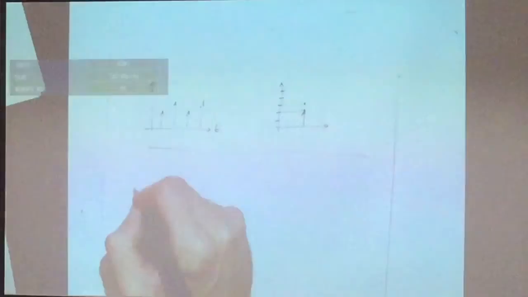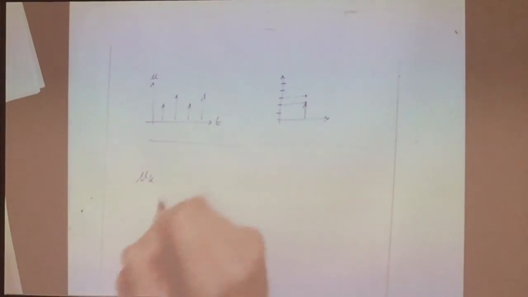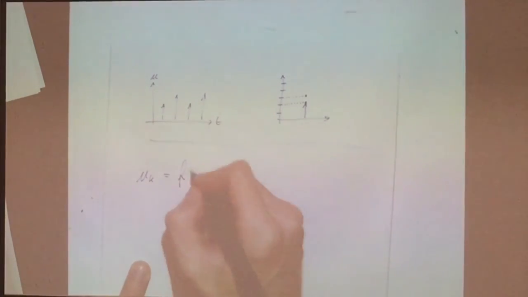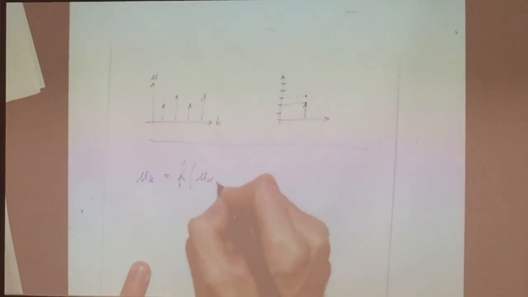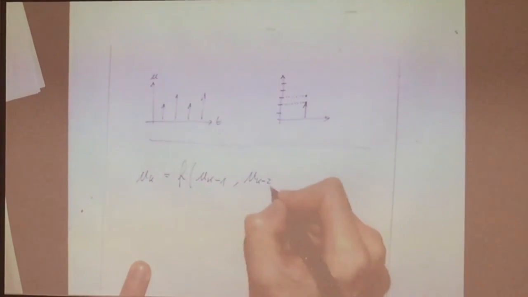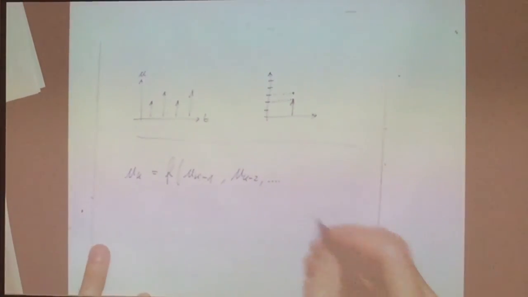Well, it's something that looks like this. u_k is equal to a function of u_{k-1}, the previous step, u_{k-2}, the previous step, and so on and so forth, up to a certain order. And that's it.